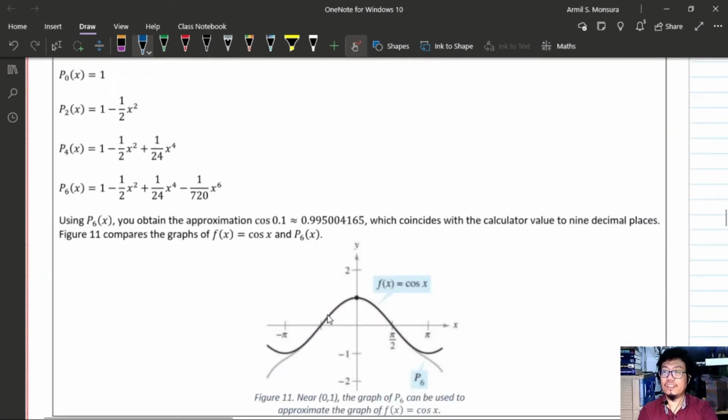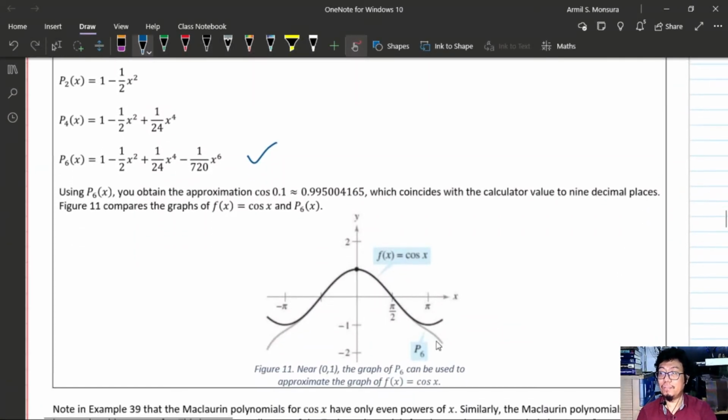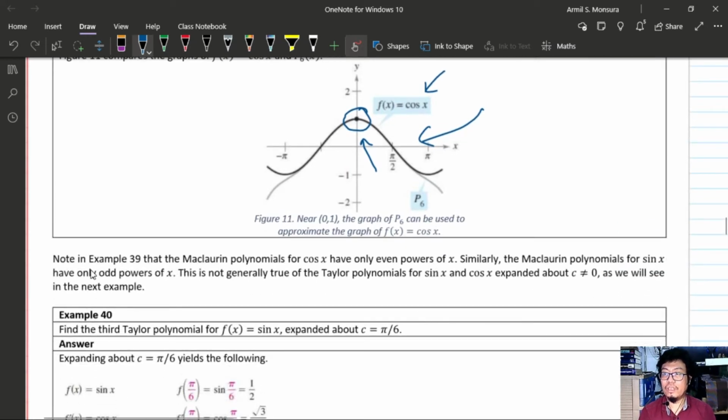And the results would be this one. And if you actually graph P6 and compare it to cosine of x, you would see that at x equals 0, or at the center, your P6 is very, very close in shape to your original function. Now, let us note in example 39 that the Maclaurin polynomials for cosine x have only even powers of x.